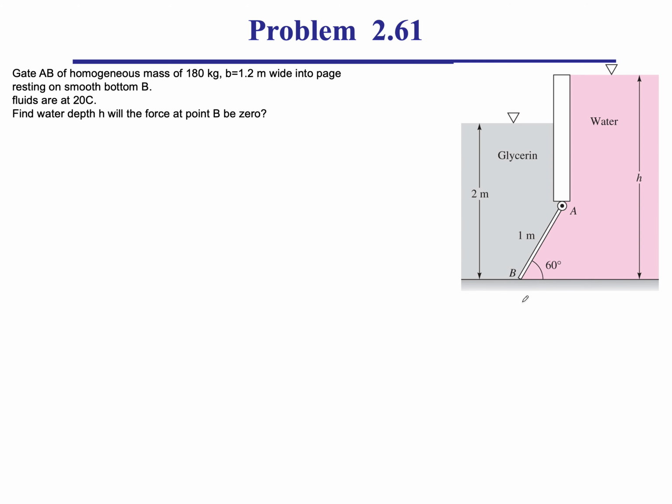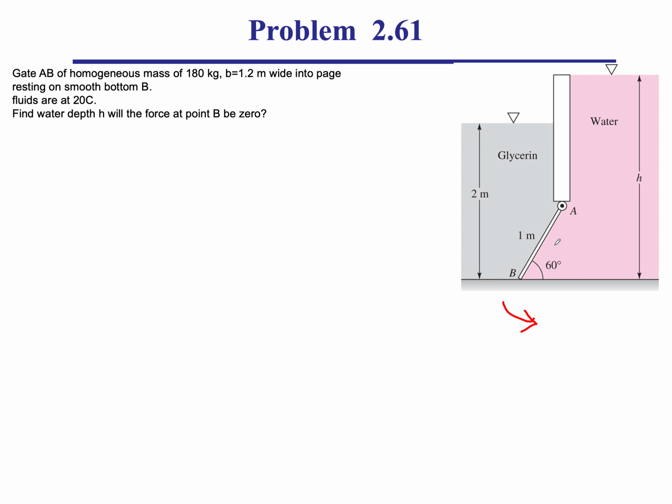And they ask us, so this gate separates on one side glycerin and on the other side water. So let's see what it does. When I have no water, the glycerin is pushing on the gate. It's creating a counterclockwise moment that's trying to keep the gate closed. But now let's say I start adding water here.